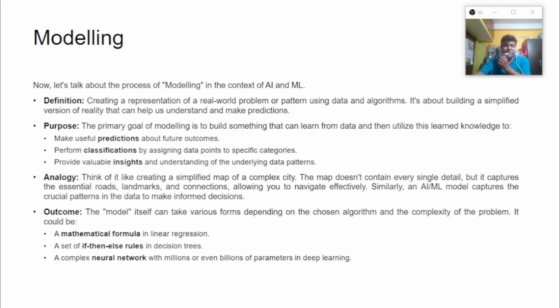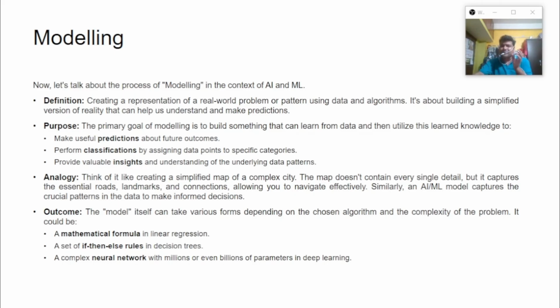Next section is modeling. Now let's talk about the process of modeling in the context of AI and machine learning. Creating a representation of a real world problem or pattern using data and algorithms is called modeling. What is the purpose of modeling? First, make useful predictions about future outcomes. Second, perform classification by assigning data points.